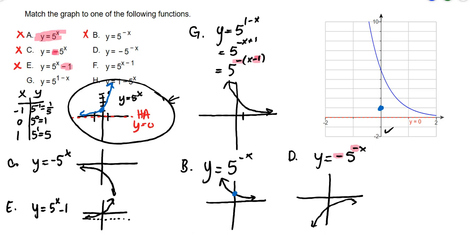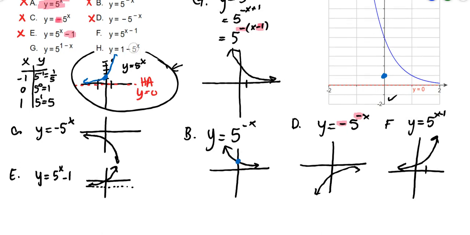So that's not the right picture. Answer choice F, y equals 5 to the x minus 1. That would shift to the right. And that's not the right answer choice.